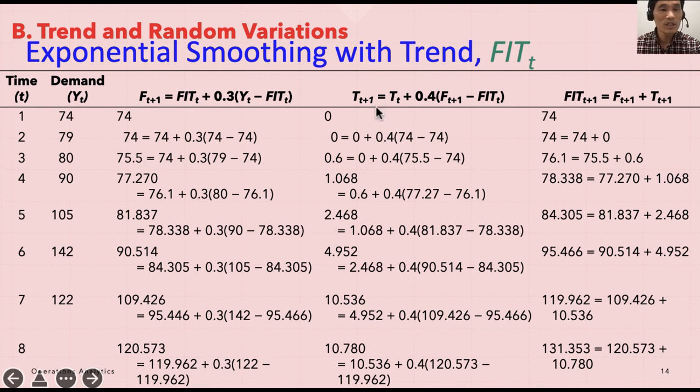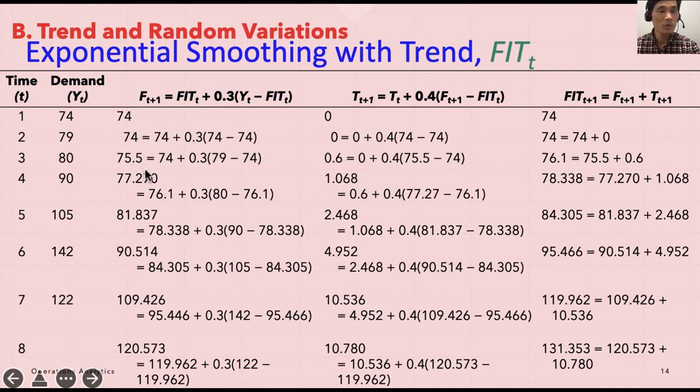And similarly, T t plus 1 equals T t. T t we found to be 0 from the previous case, plus 0.4 times, because that's the beta that we chose, F t plus 1, which we found is 75.5, minus 74. That's 1.5 from here, multiplied by 0.4, and it gives you 0.6.